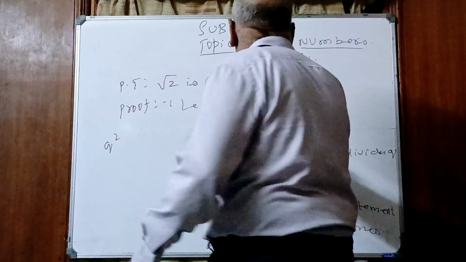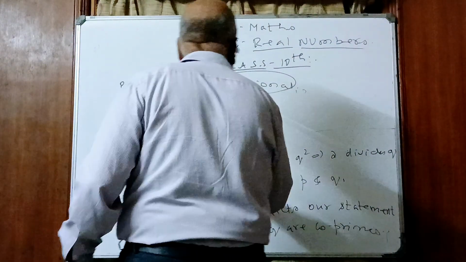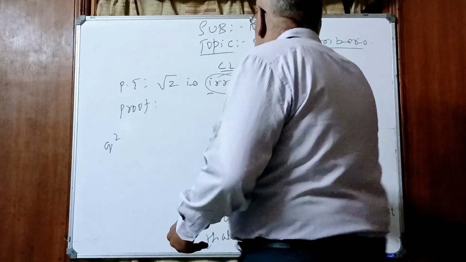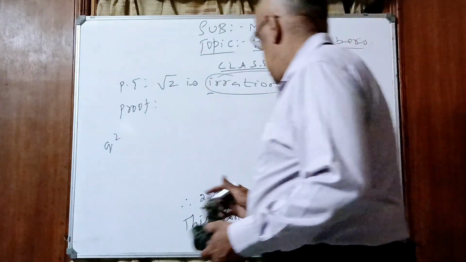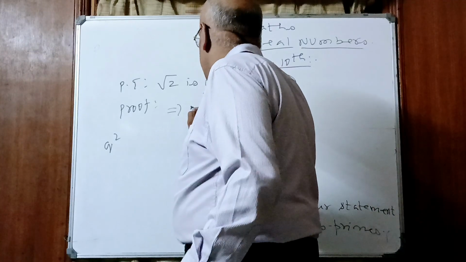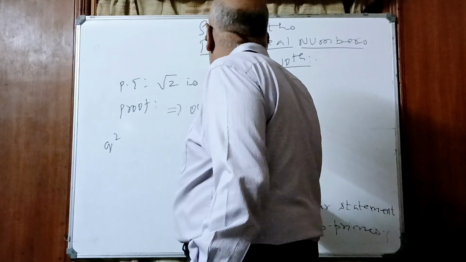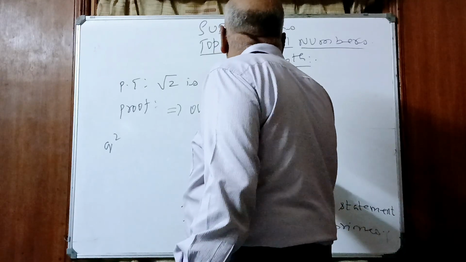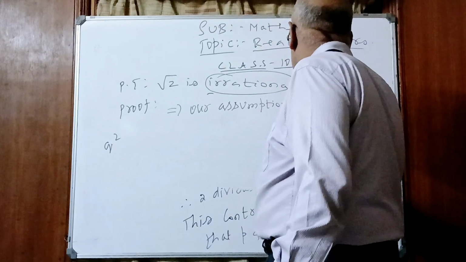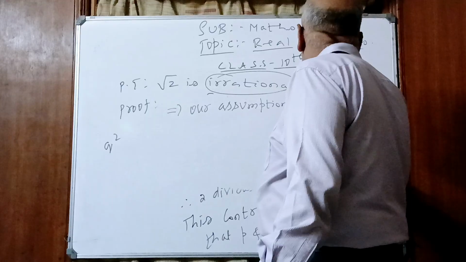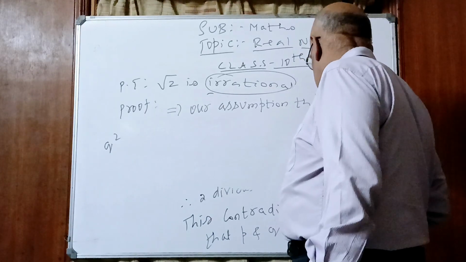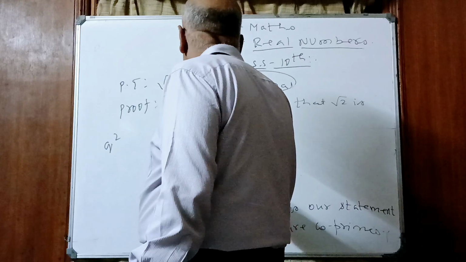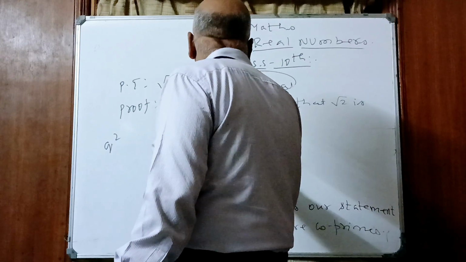Therefore, I'll erase this. Over, children. Almost over. One more line. So, this implies that our assumption that root 2 is rational is wrong.